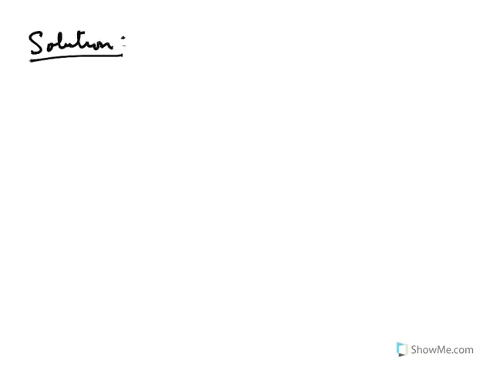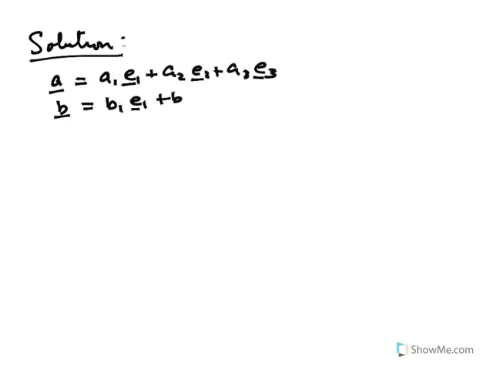So for this, we know that A is equal to A1 E1 plus A2 E2 plus A3 E3. B is equal to B1 E1 plus B2 E2 plus B3 E3.